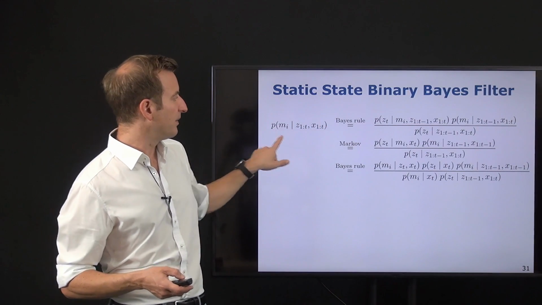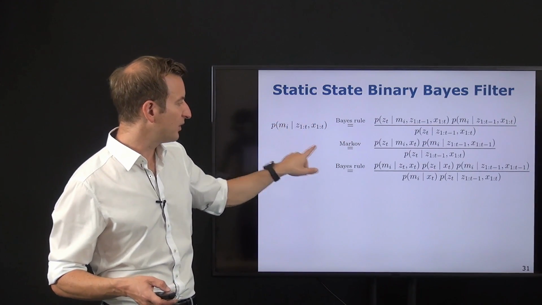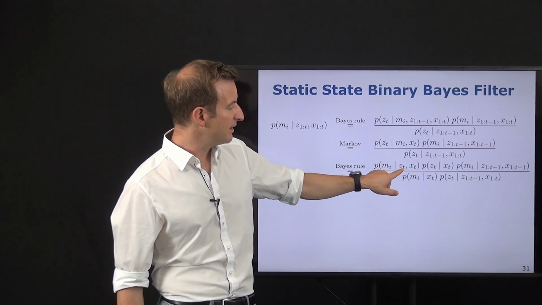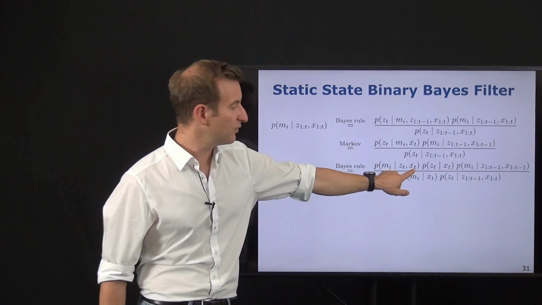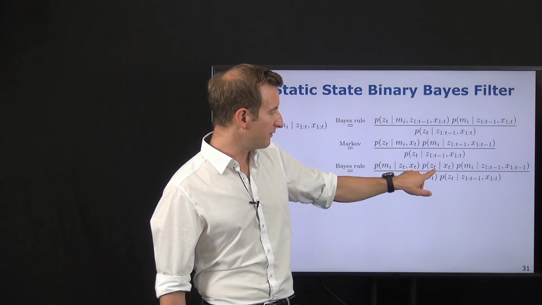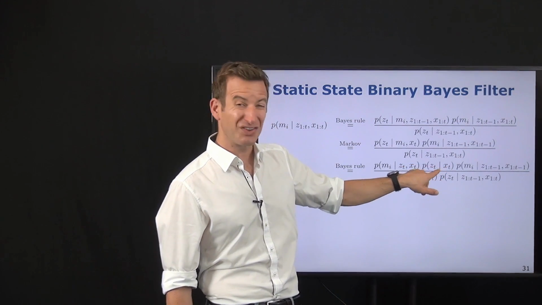By using the Markov assumption and the independence assumption, I could turn this equation into this equation. So we have the probability of a cell being occupied given the current observation and the current pose, times the probability of an observation given the position information but not containing any map information.